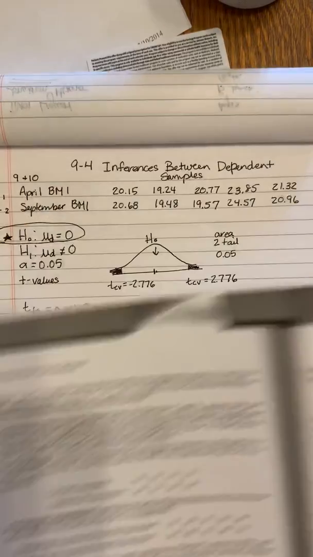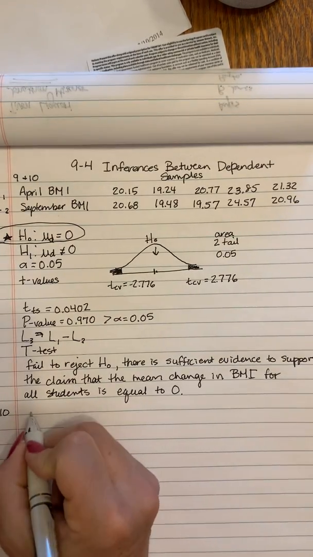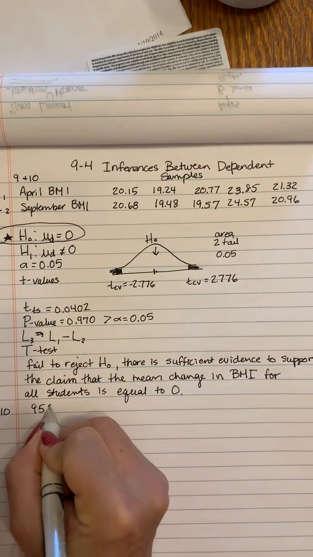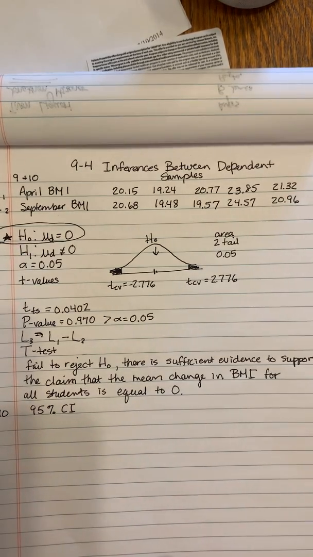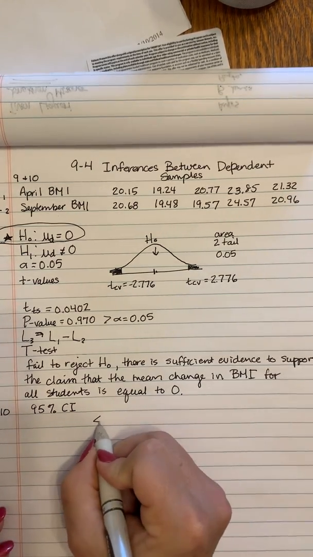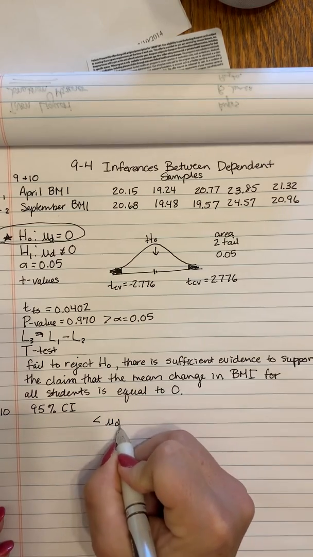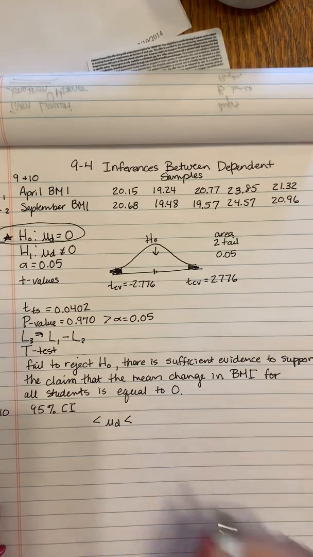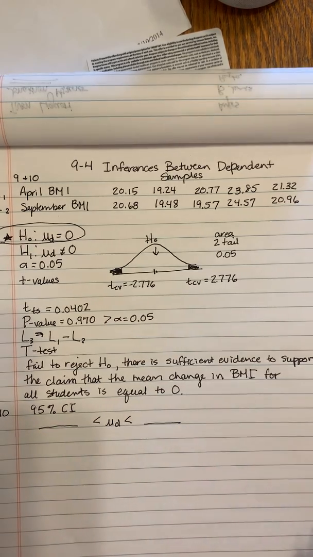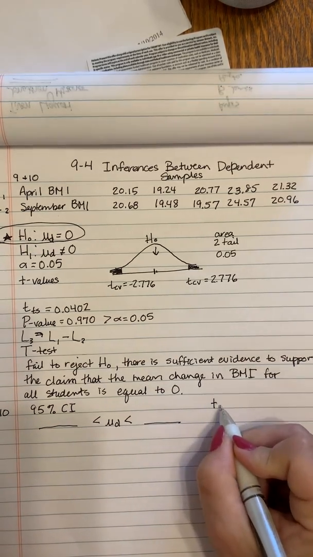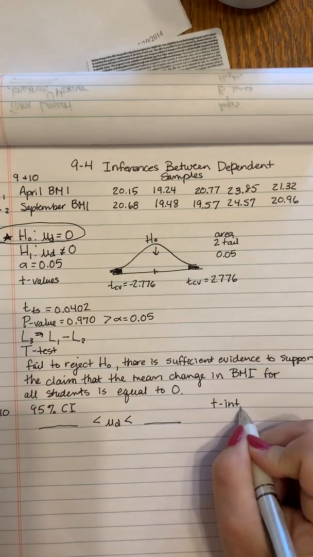So I want a 95% confidence interval. I'm looking for this value and this value. And if you recall, we're going to use the t-interval.